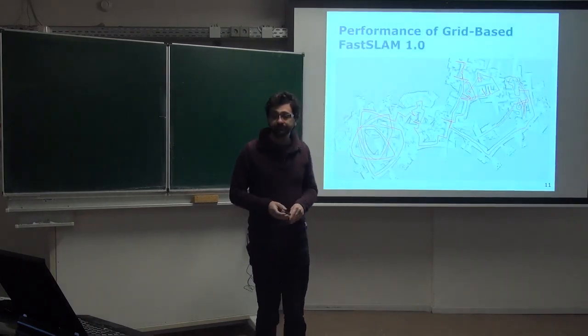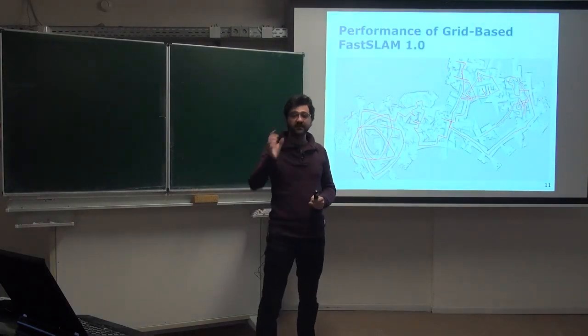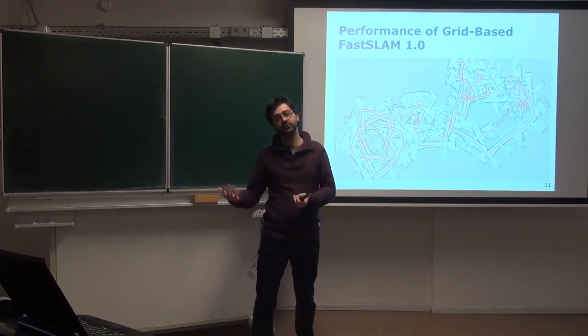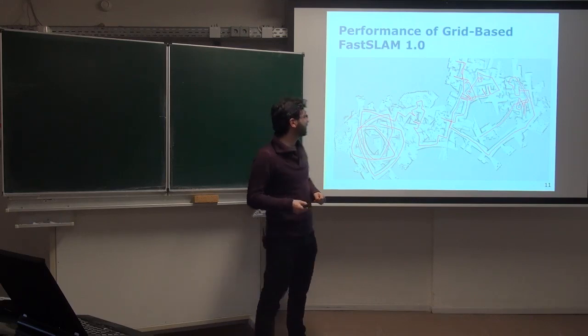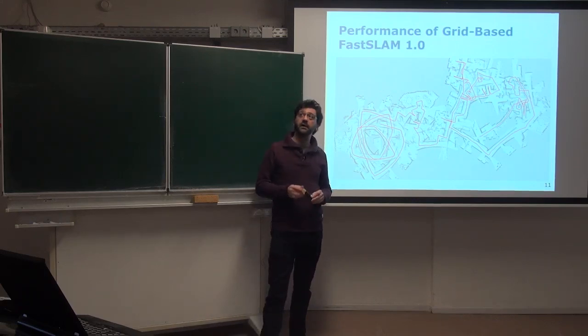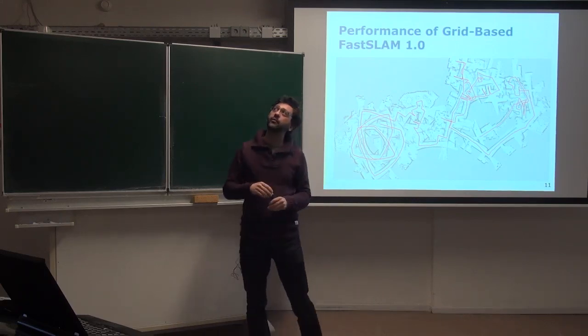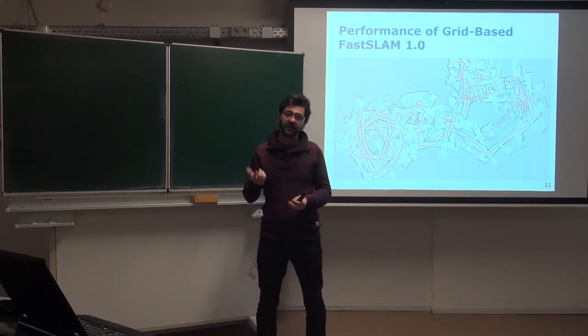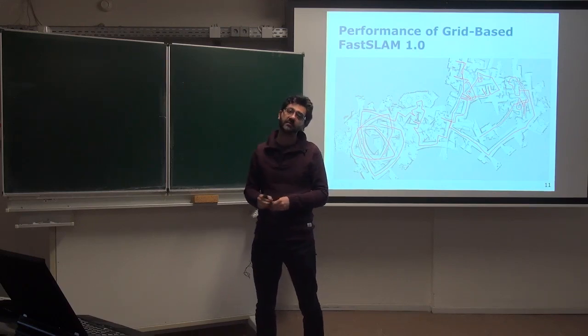If we just apply exactly what has been done by FastSLAM 1, so we use the odometry as proposal and then use the likelihood for computing the weights, and we try to do this in a computationally feasible way so that we don't run out of memory, we have to limit the number of particles so that we can still keep them in memory.